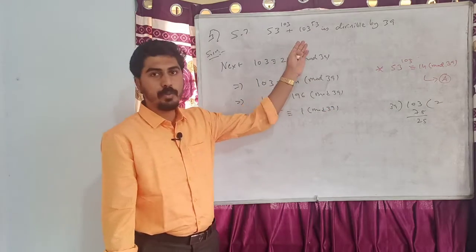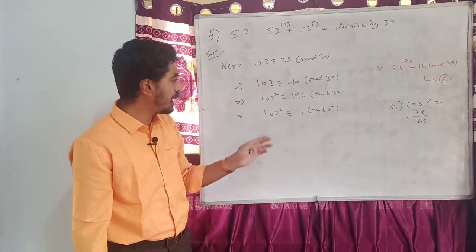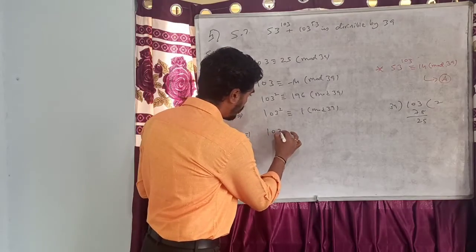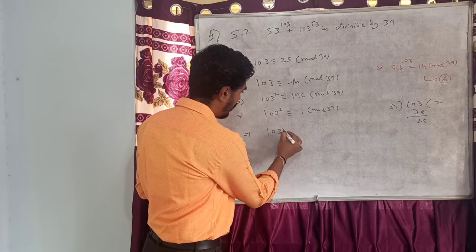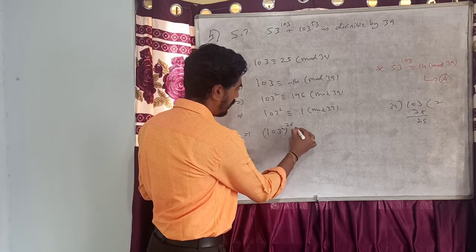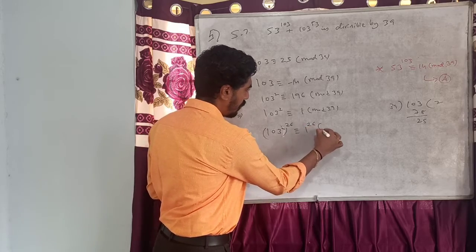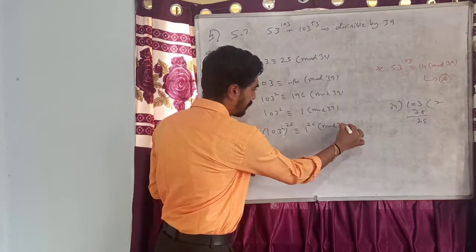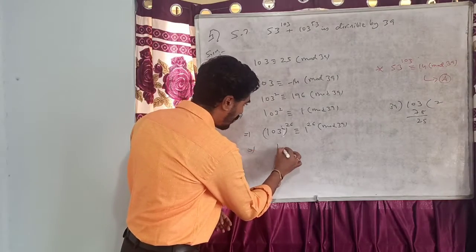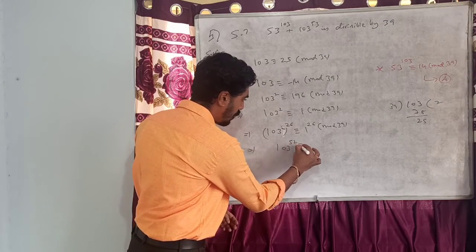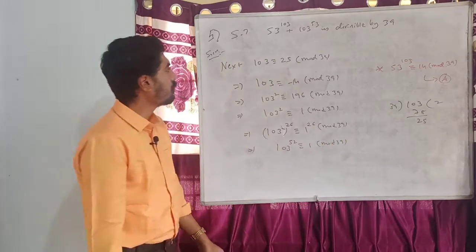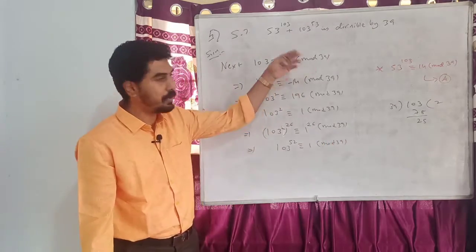Now to get 103 power 53, I raise the power on both sides by 26. 103 square whole power 26 is congruent to 1 power 26 mod 39. Okay. So we get 103 power 52 is congruent to 1 mod 39. But here we should get 103 power 53.